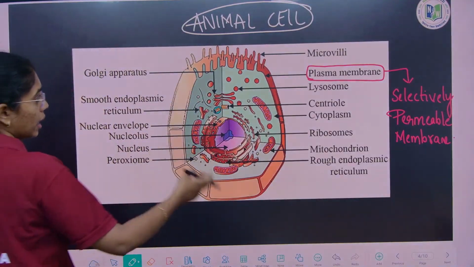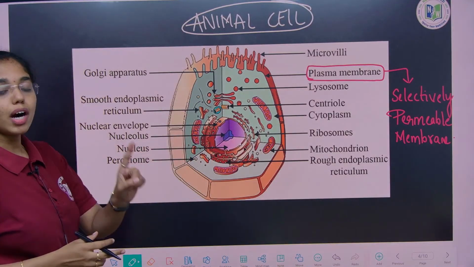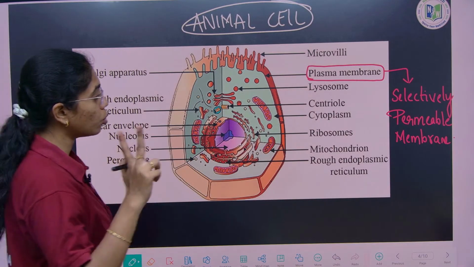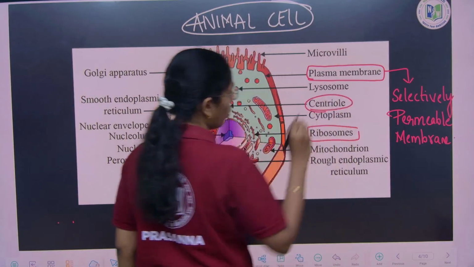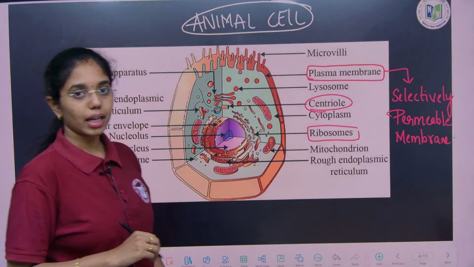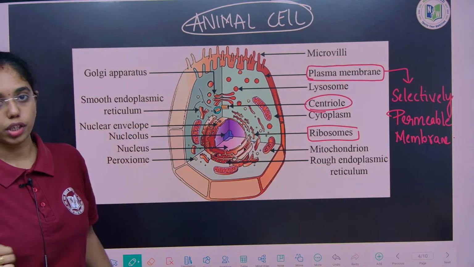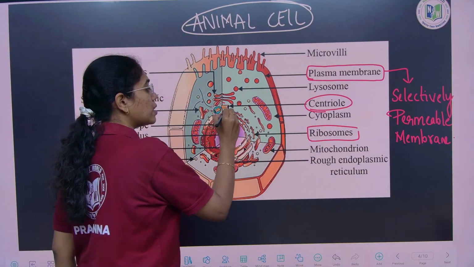Next to the plasma membrane, in the cytoplasm, the non-membrane bound organelles include two here: ribosomes and centrioles. Centrioles are non-membrane bound organelles. They are two cylindrical structures present perpendicular to each other in a centrosome.